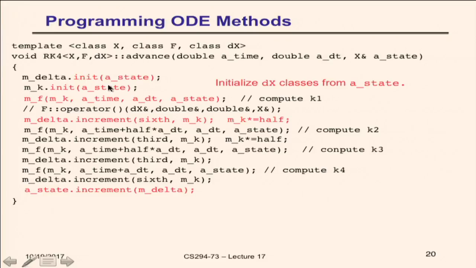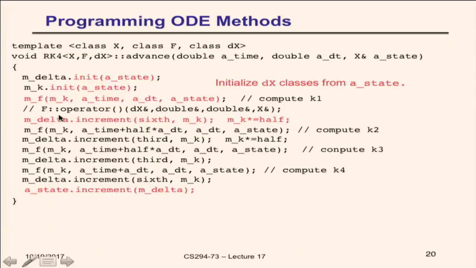So these are particle shifts. These will be particle set. This init is part of the programming by contract that you're getting from Runge-Kutta. It's assumed that anything of type dx has an init that takes as a single argument something of type x. What about f? f is something that takes as arguments something of type dx, time in dt, and something of type x, and computes a new increment.